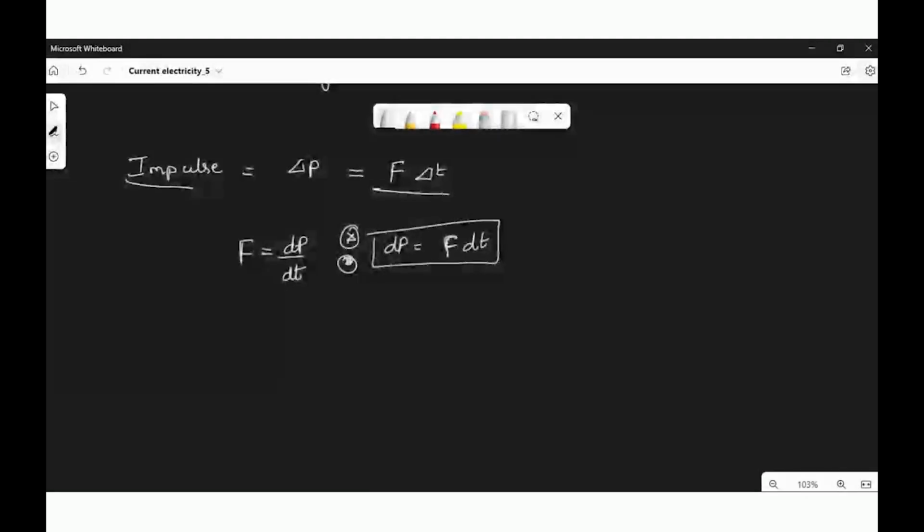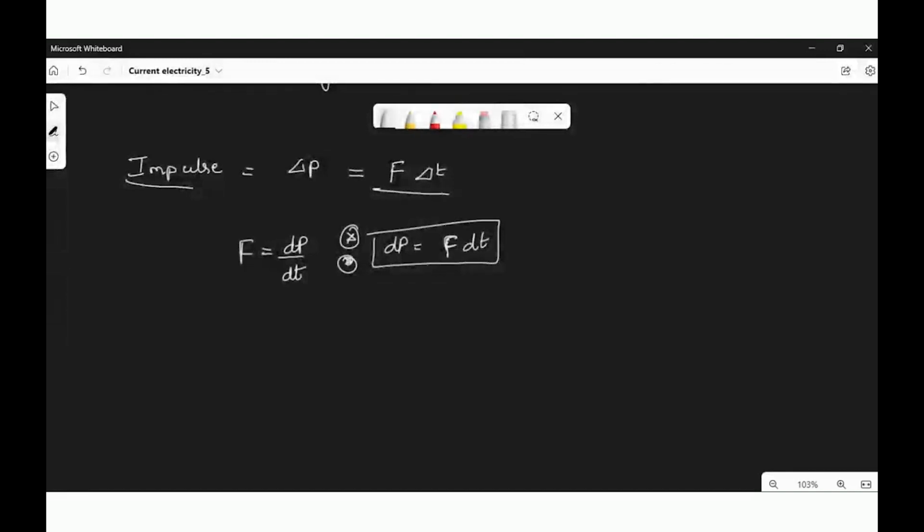You throw a ball, it hits and comes back. The process of hitting is not a long time, but definitely the ball has changed its path. Earlier it had one velocity, and now its velocity is opposite to it. So in a small interval of time, a large force has been exerted by the wall, and there is a change in momentum. That is what you observe.